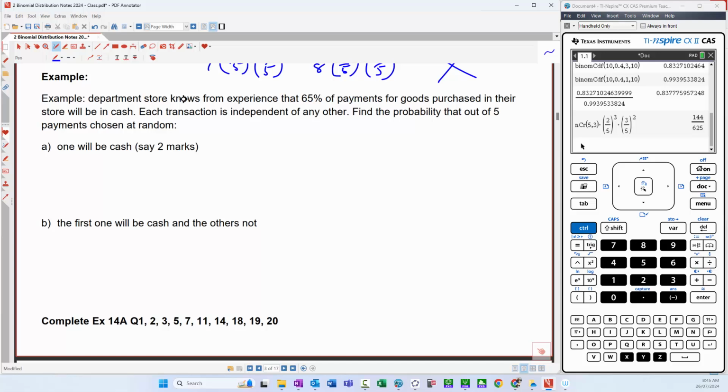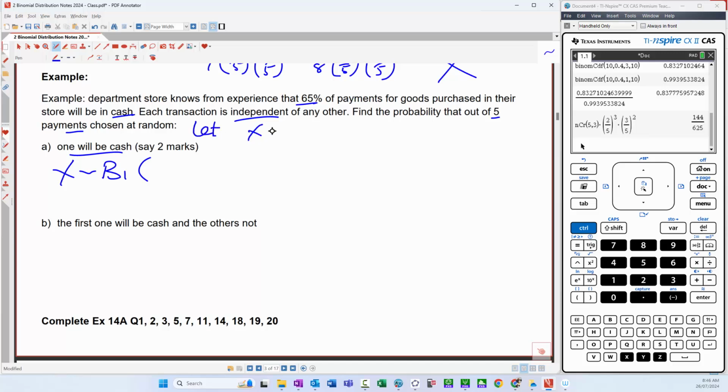Okay, so the final one. A department store knows from experience that 65% of payments for goods purchased in their store will be cash. Each transaction is independent of any other. Binomial. Find the probability that out of 5 payments chosen at random, 1 will be cash. So 2 marks. How do you get 2 marks out of that? First mark, define your distribution. So it's binomial.